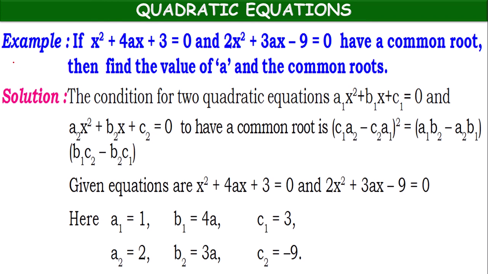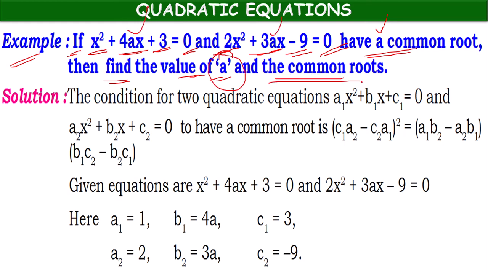Next example question. If x square plus 4ax plus 3 equals 0 and 2x square plus 3ax minus 9 equal to 0 have a common root, one common root, then find the value of a, and we have to find the common root.